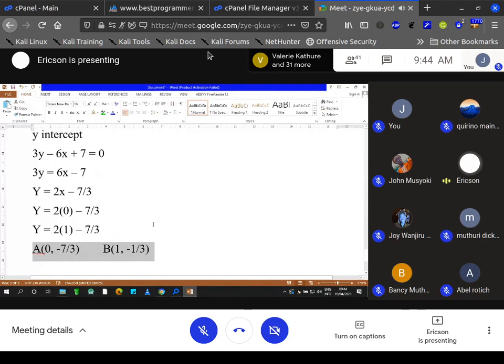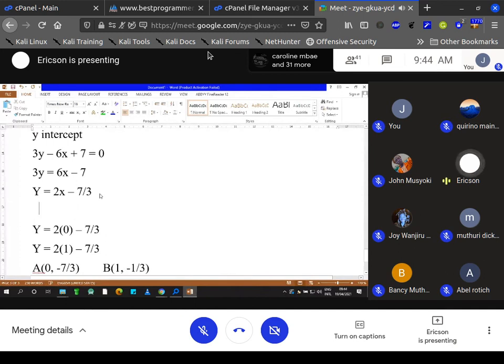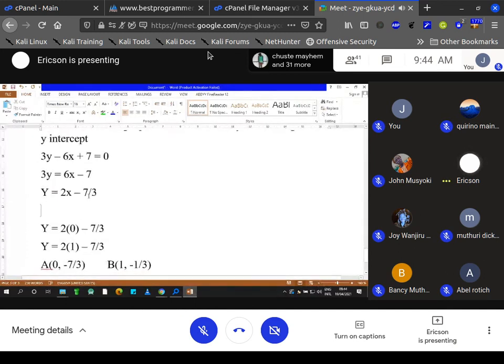And let me maybe explain something to that. Also, you can do this in your free time. You just plot a graph at that time. When you're plotting this graph, we have said the y-intercept is negative 7 over 3.